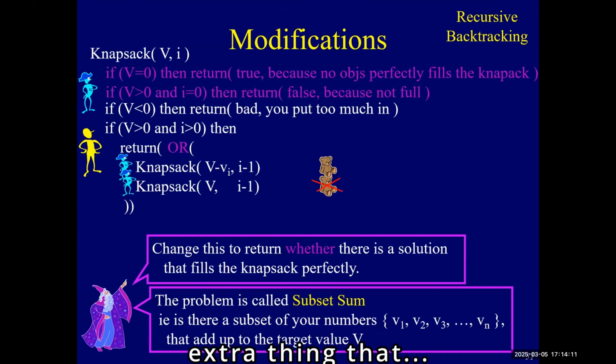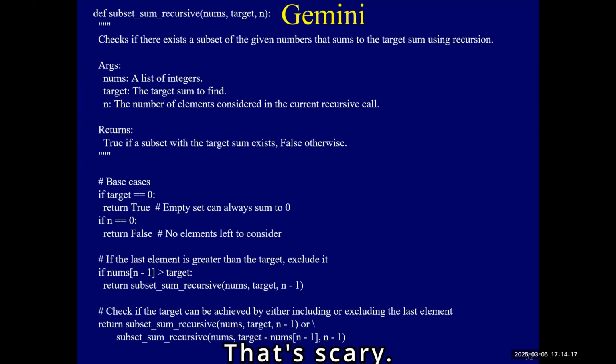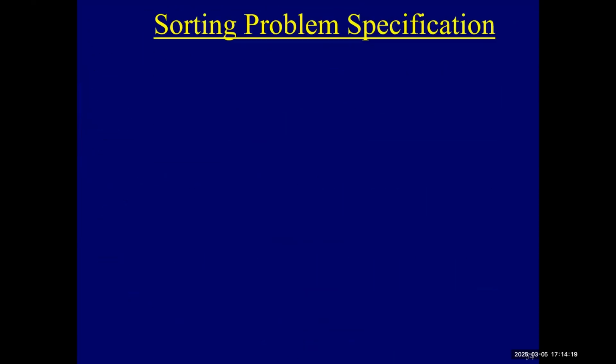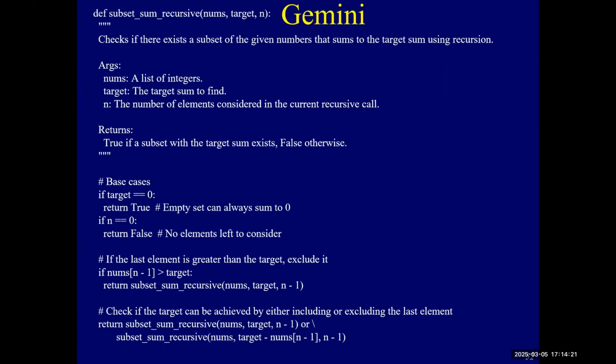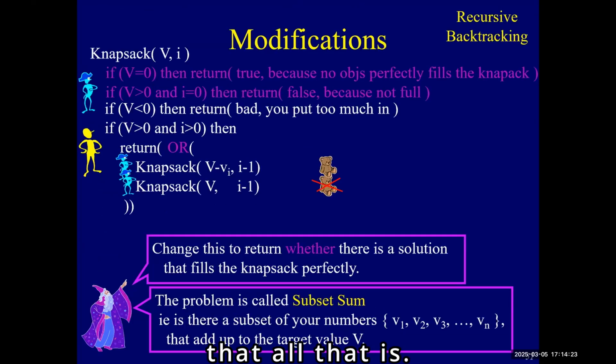has this extra thing that, what's that? That's scary. Who did that? I don't know what that is. But for subset sum, you have to say, if it doesn't fit the base case, if it's not fitting exactly, then you say it's not a solution.